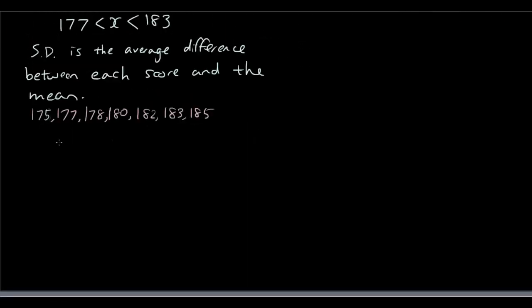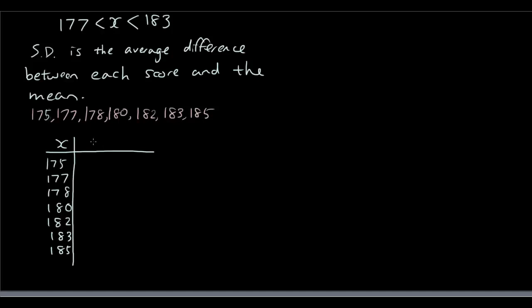So to help us with doing that, we're just going to draw a table with all the x values. So we have 175, 177, 178, 180, 182, 183, 185. And we're going to find the difference between each of these scores and the mean, which is 180. So x minus the mean.